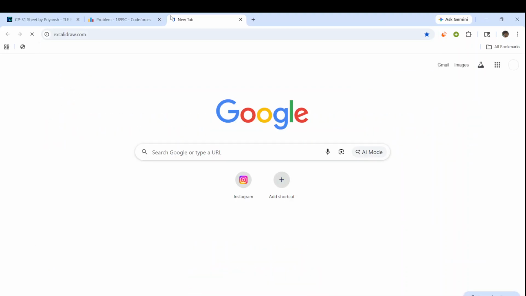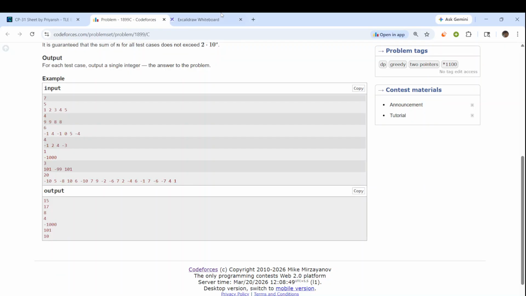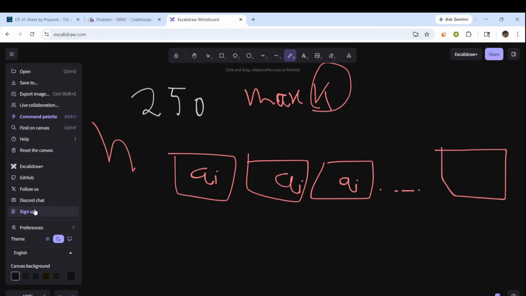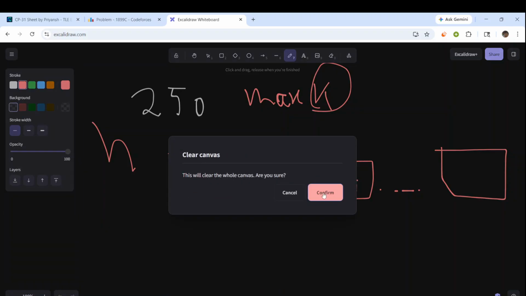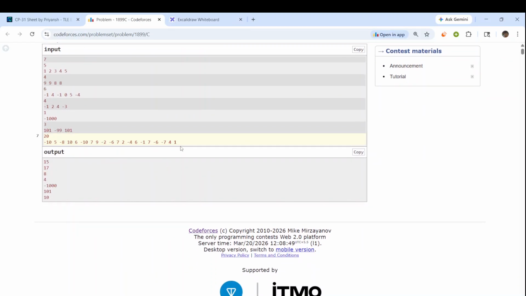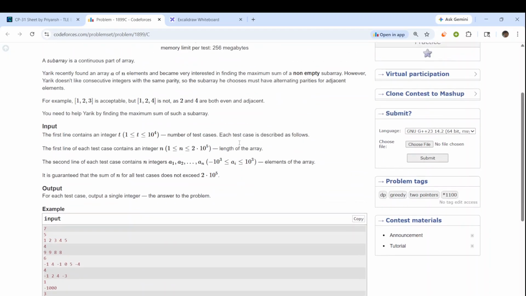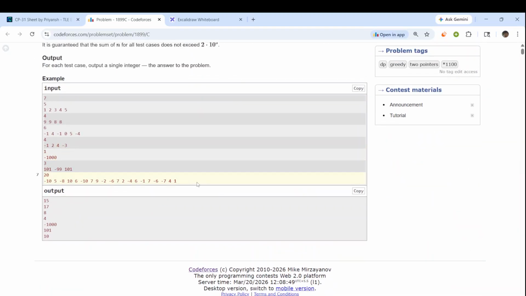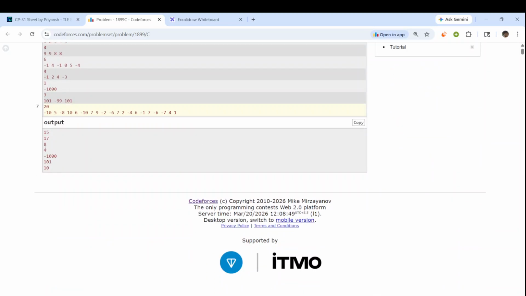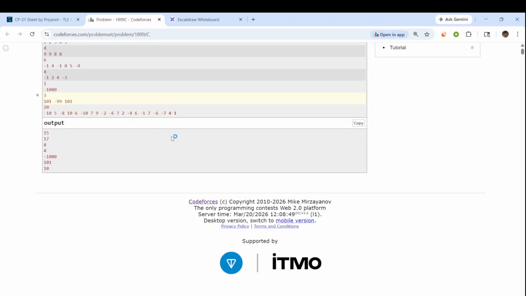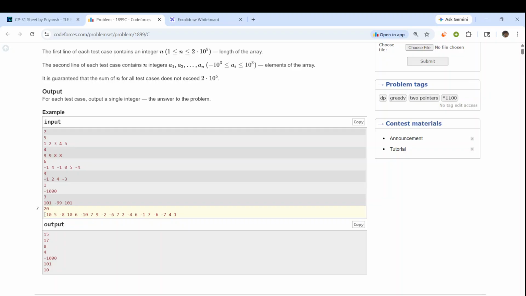Let's just open Excalidraw. Okay. So I want the maximum sum.